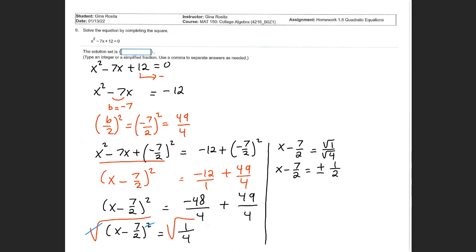Move it to the right side, so it becomes positive. So x equals 7/2 plus or minus a half.